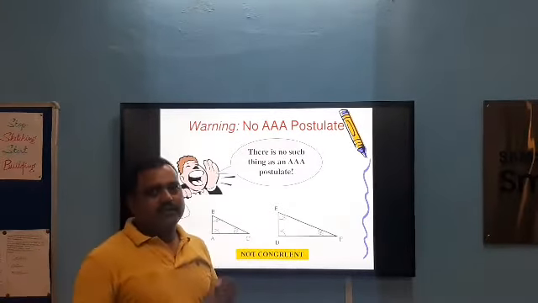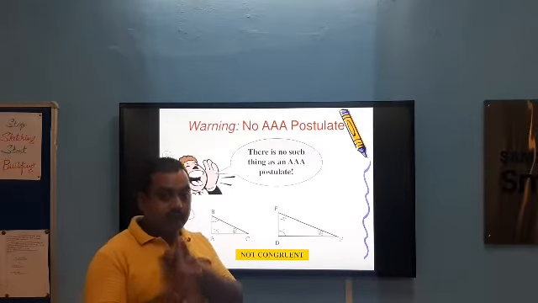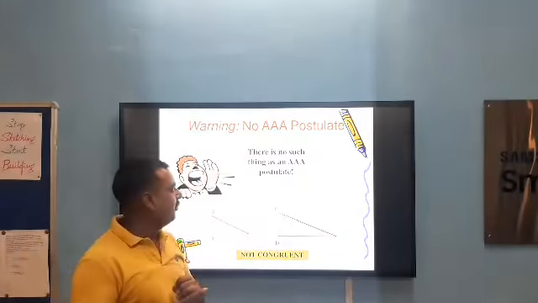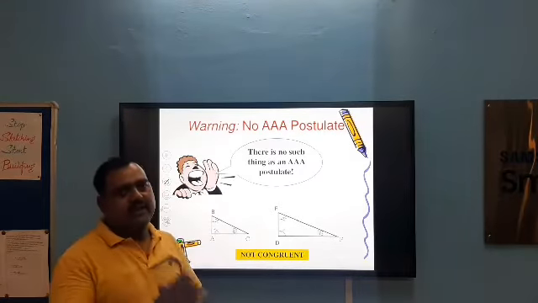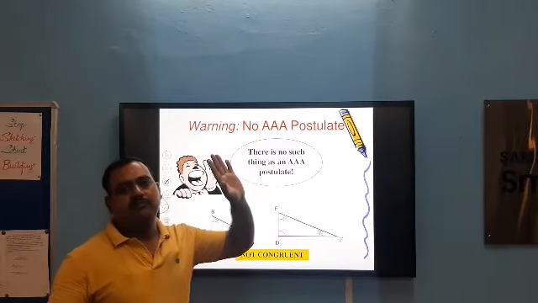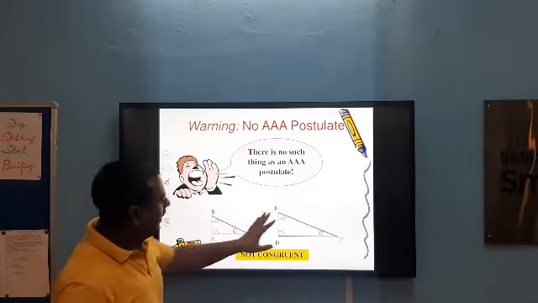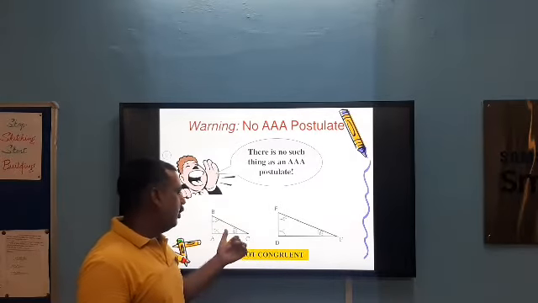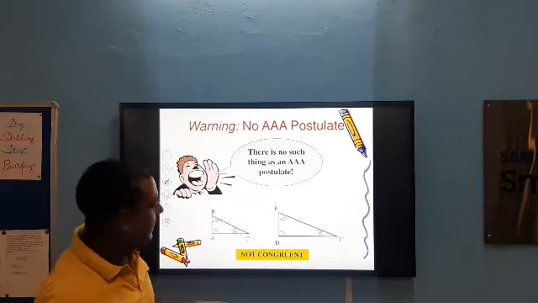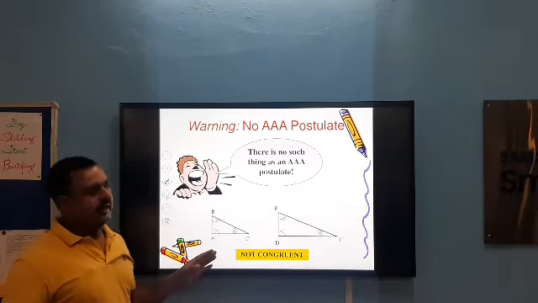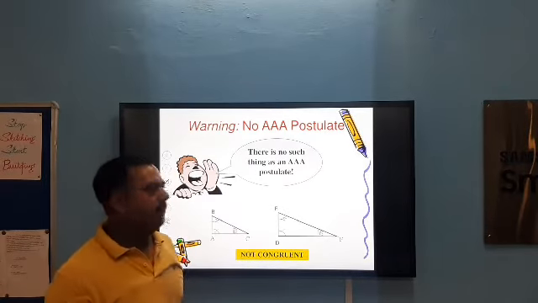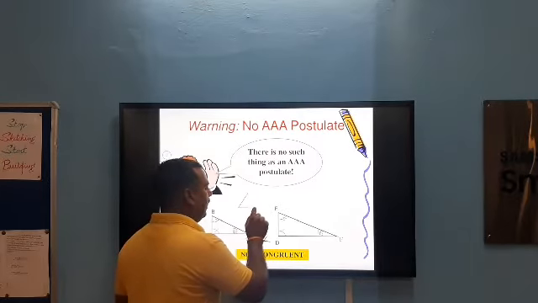Similarly, just like side, side, side, the first congruency criteria we learned, there does not exist any criteria named angle, angle, angle. If in any two triangles all three angles are equal to one another, we cannot say that the triangles are congruent, because we'll take a very simple example of an equilateral triangle.